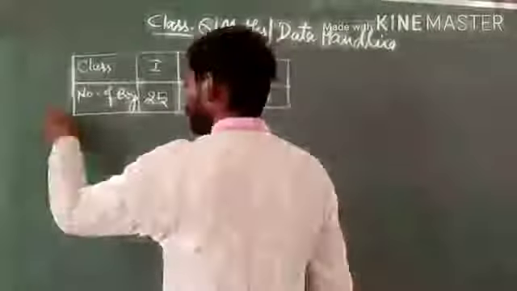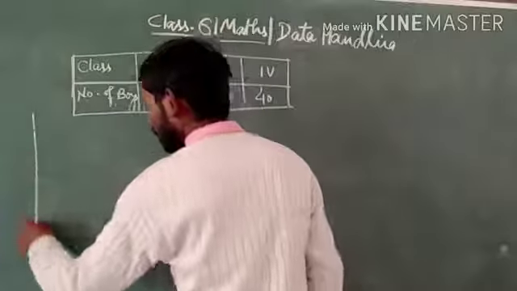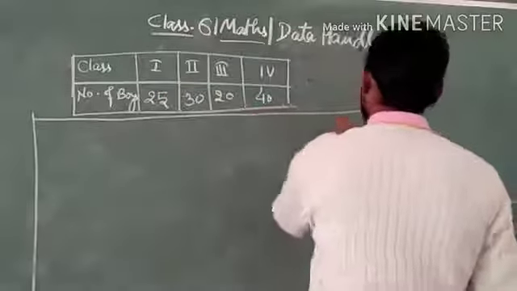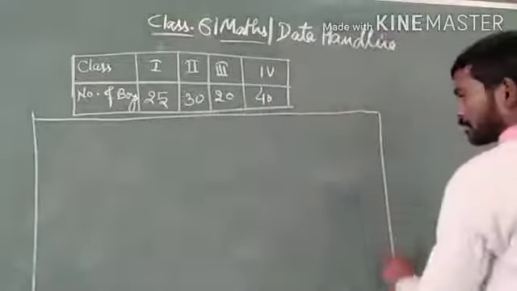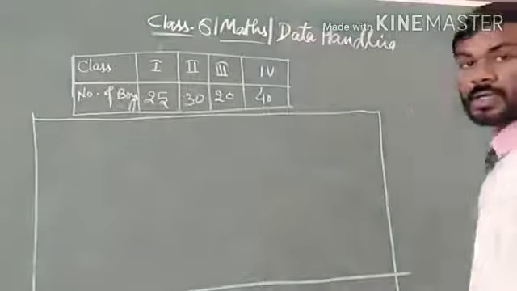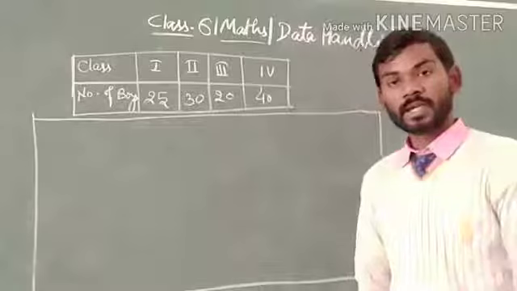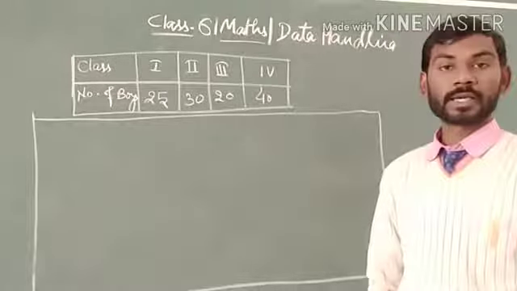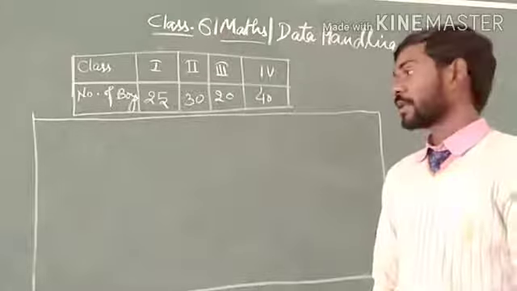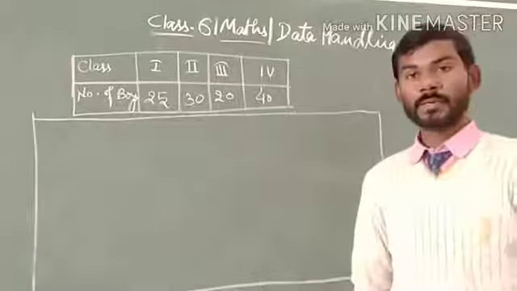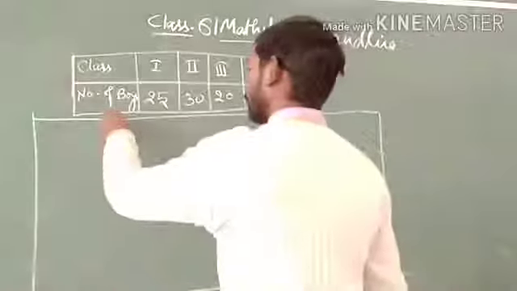So here we shall draw another table like this. Sometimes we also use tally marks, but here we needn't represent the data using tally marks. Here we have to represent it only with the help of pictorial representation.